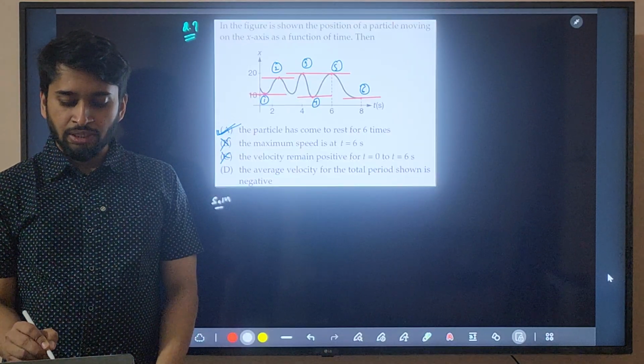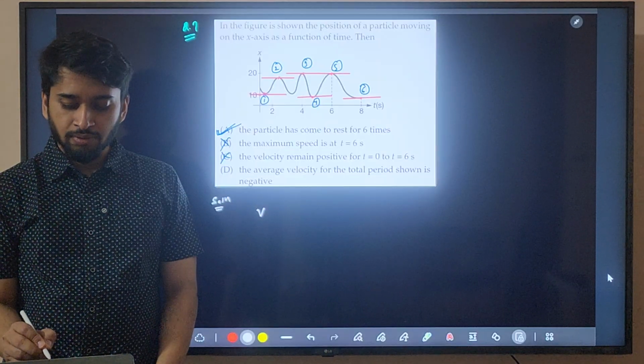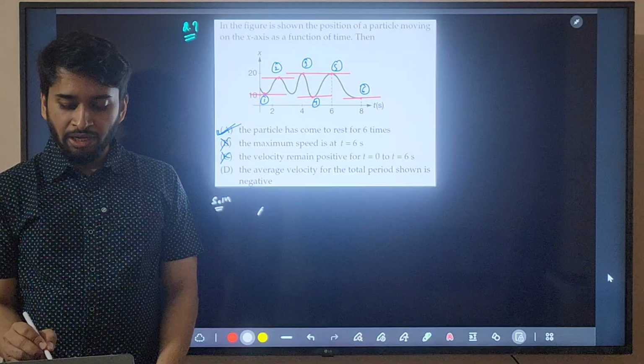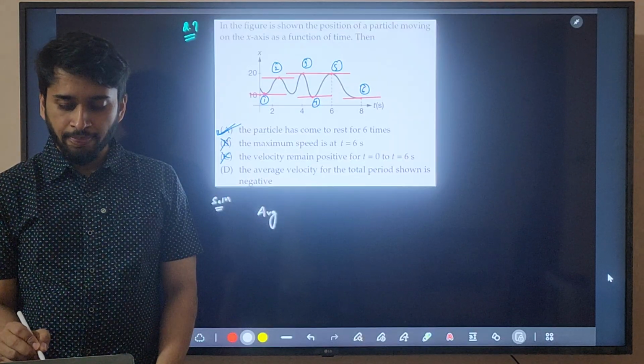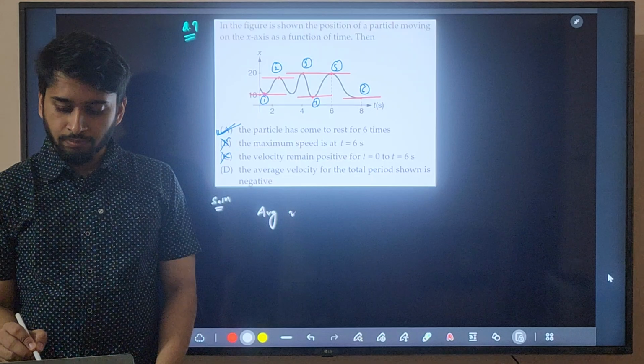How to figure that out is, see, we are talking about average velocity, not average speed in this case. So let us see.